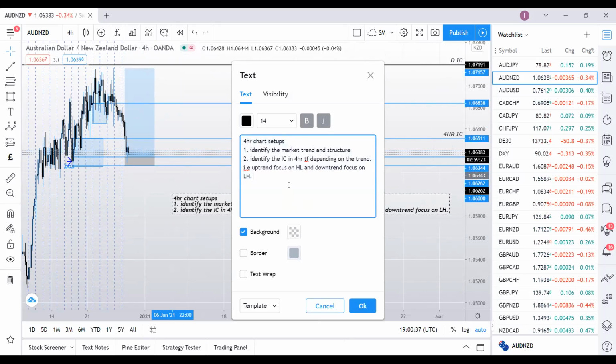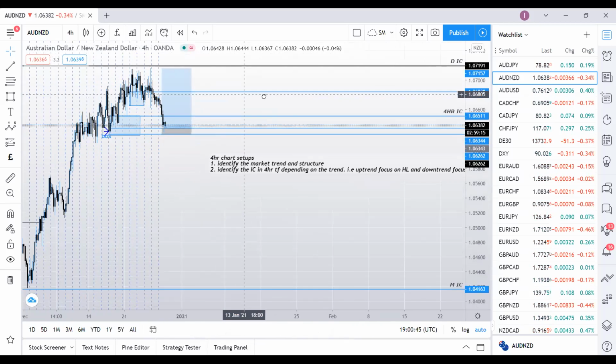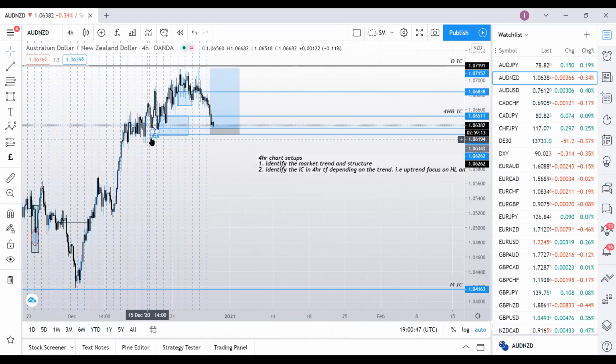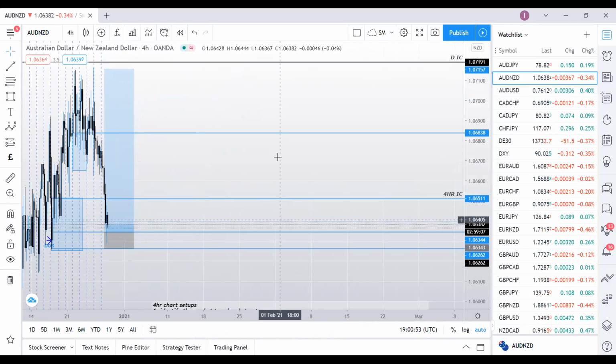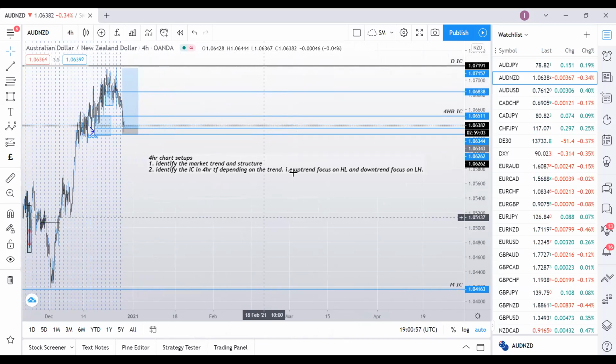When you say identify the IC in the 4-hour time frame, are we assuming that there's only going to be one IC? For the higher low, yes. On the uptrend, you focus on the higher low.